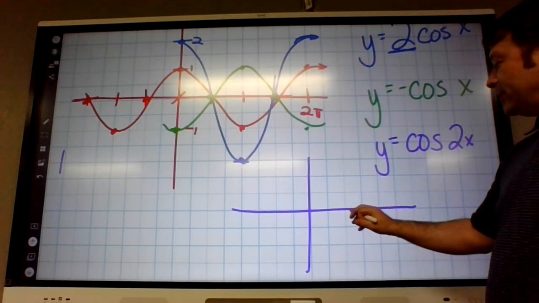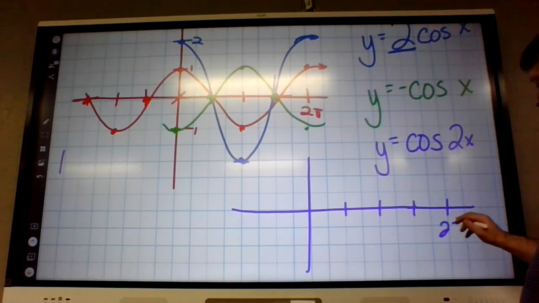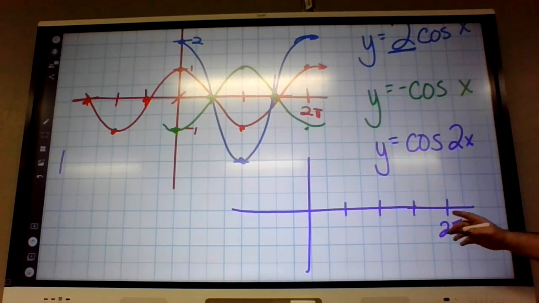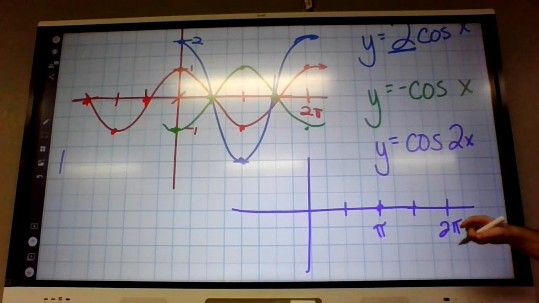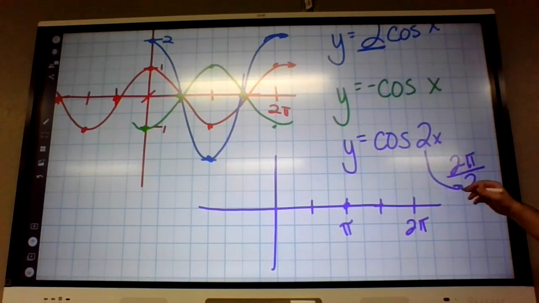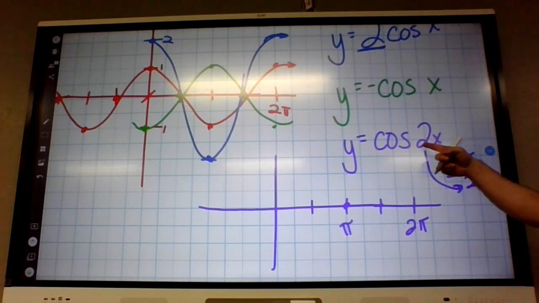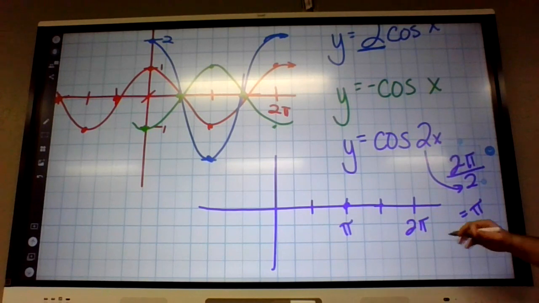Okay, so in other words, instead of going all the way out here before it starts repeating itself, it will only get to right here. The period, which is normally 2 pi, is going to be divided by 2. So basically you just do the normal period 2 pi divided by whatever number's right here, and that gives you the new period, pi.